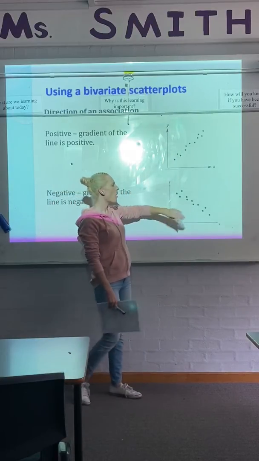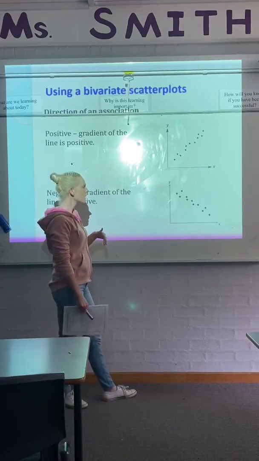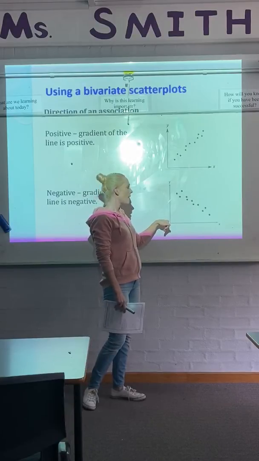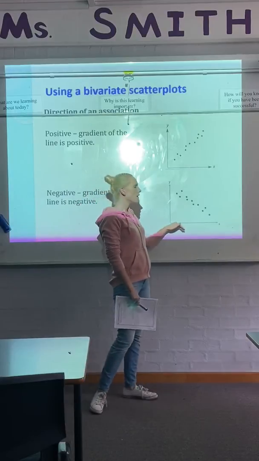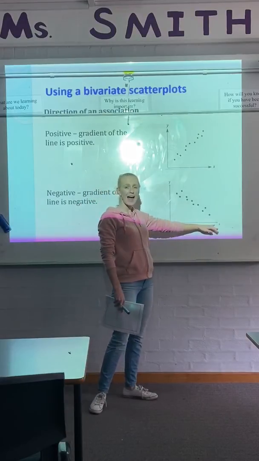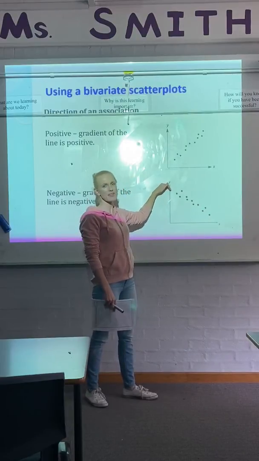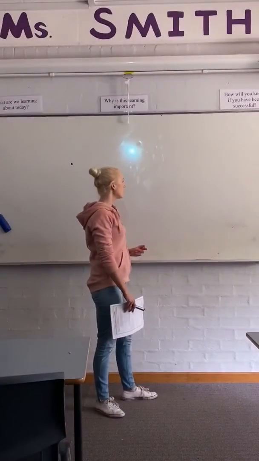An example of something that has a negative association is, say you've got the number of people painting a house. As you increase the number of painters painting the house, the time that it takes to paint the house would obviously decrease if there are more people painting the house.